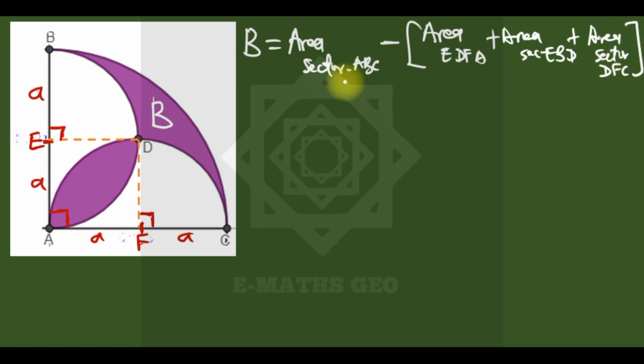Once we subtract these areas from the big one, that's B.